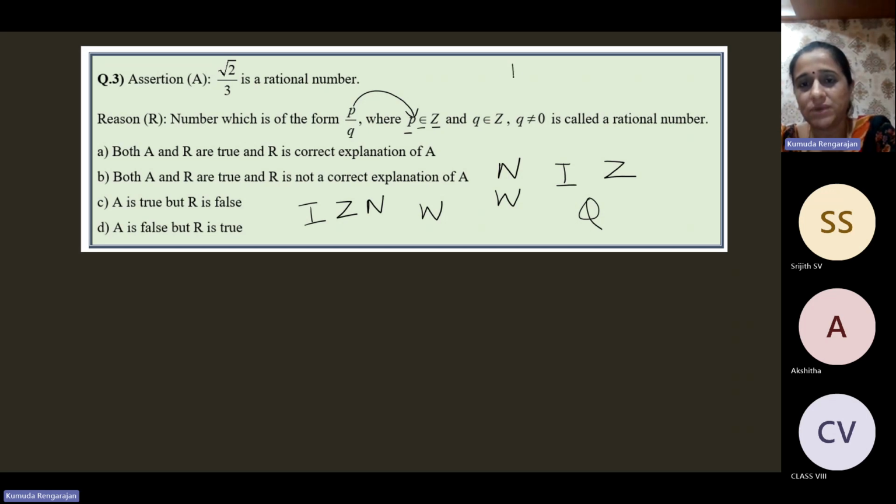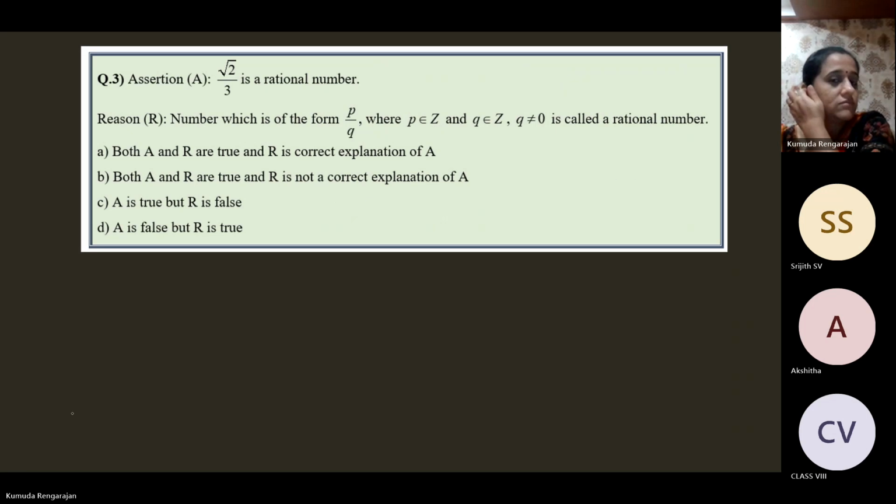Rational number is P by Q, right? So division, it is P divided by Q. So the numerator P belongs to integers. The denominator Q also belongs to integers. And Q not equal to 0 is called a rational number. Perfect.